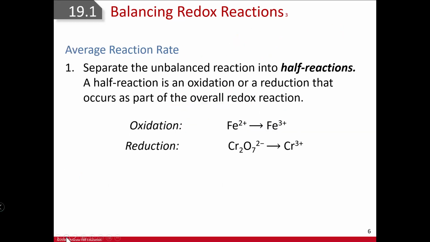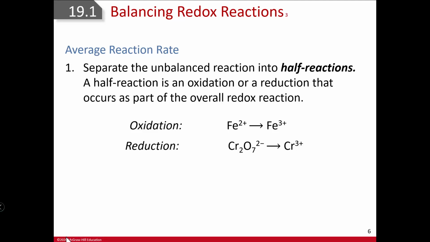So break it down into its two half reactions, okay? So that's important. And if you don't know half reactions, again, that's in section 4.4. But you can't have oxidation without reduction. And so there's an oxidation half reaction and a reduction half reaction. The oxidation half reaction, the substance is losing electrons.